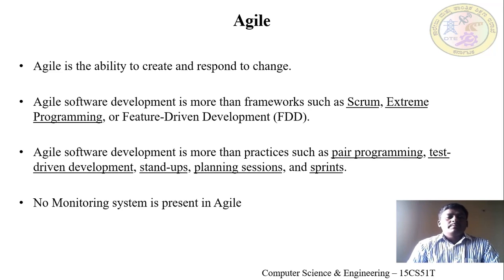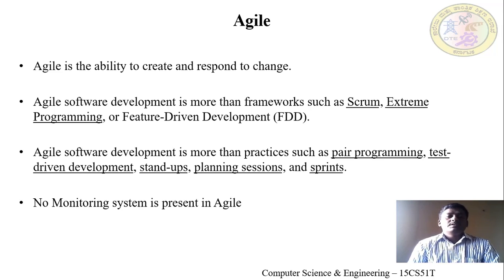Agile software development is more than a framework such as Scrum, extreme programming, or feature driven development. It is called FDD, right? Agile software development is also more than practices such as pair programming, test driven development, stand ups, planning sessions, and sprints, right?